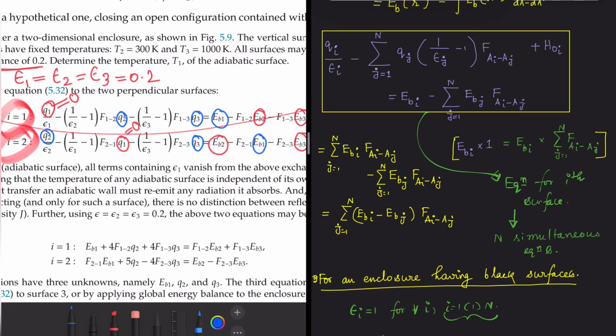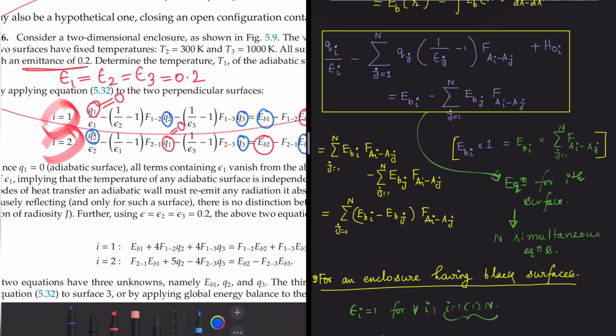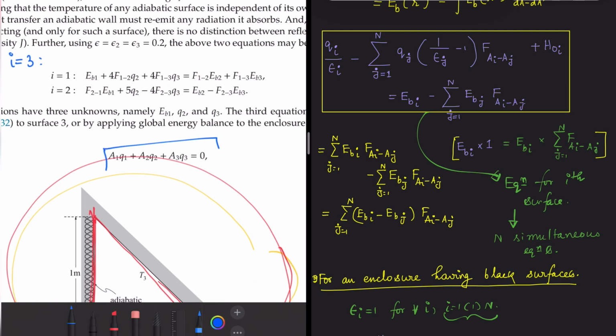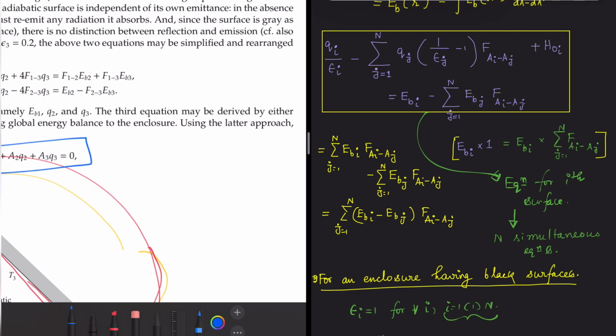Then we have three unknowns, but you will argue that I have only two equations. Then my friend, you now have two options. You can write the third equation for i equal to 3. But another option you also have is, because this is a steady state problem, you can write this equation.